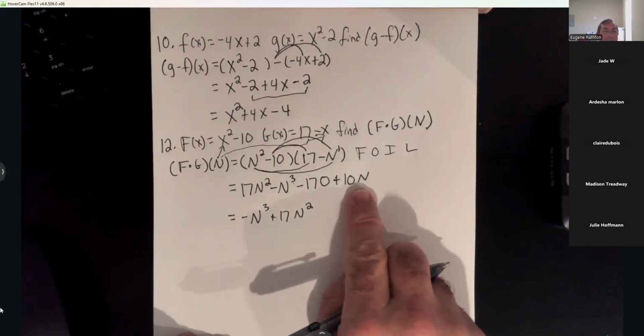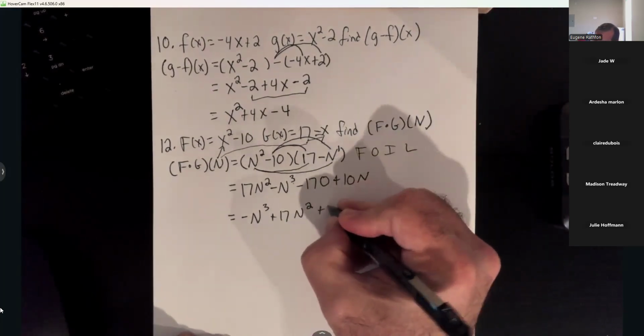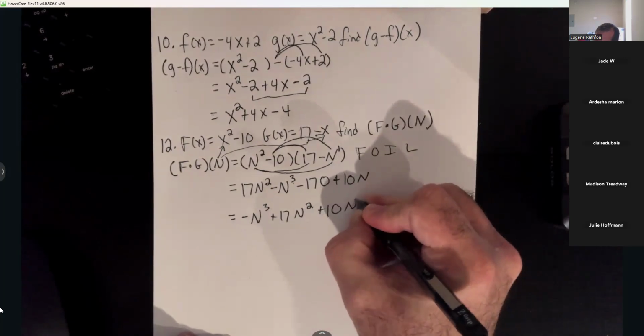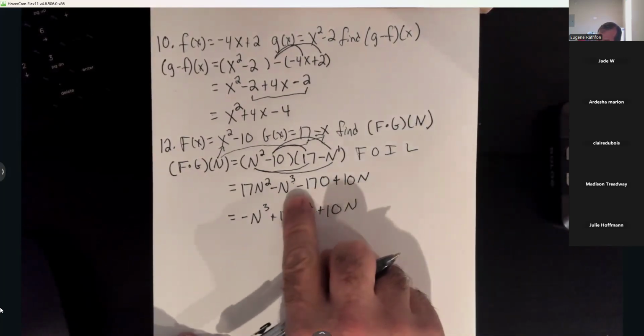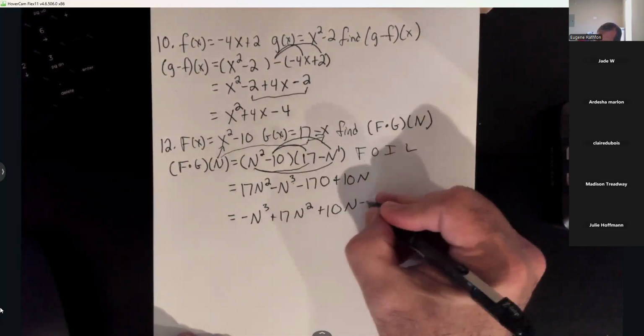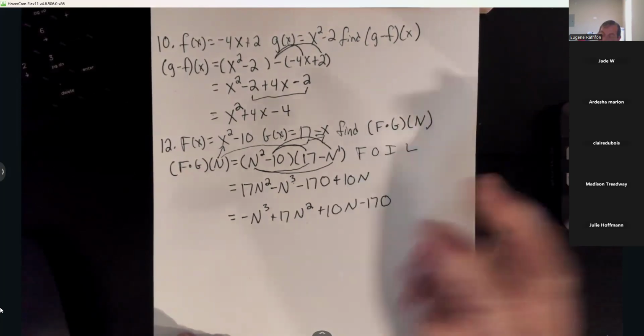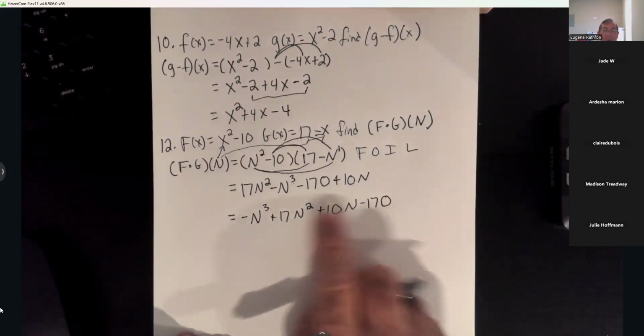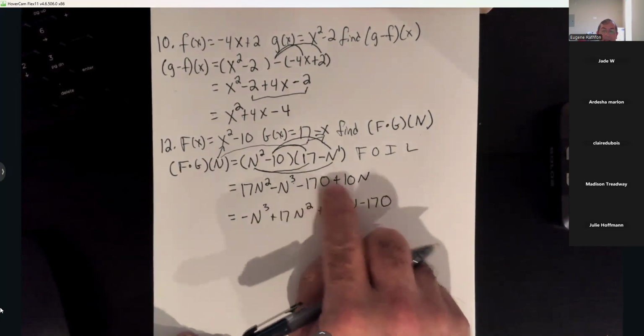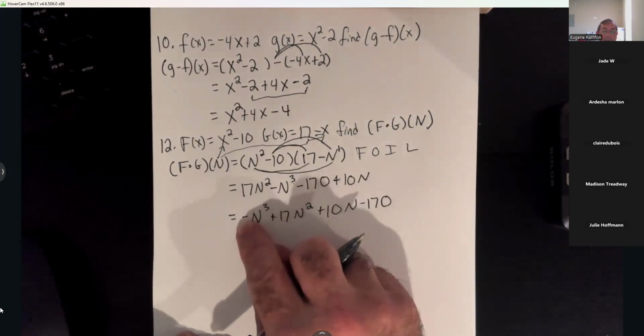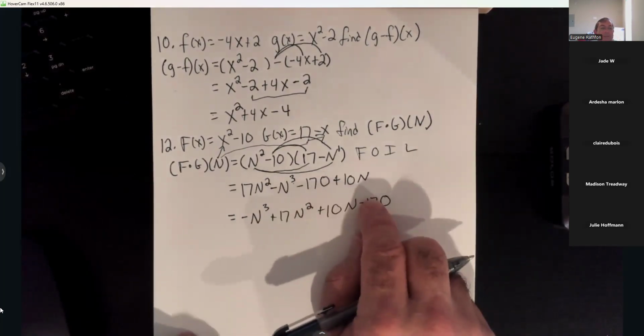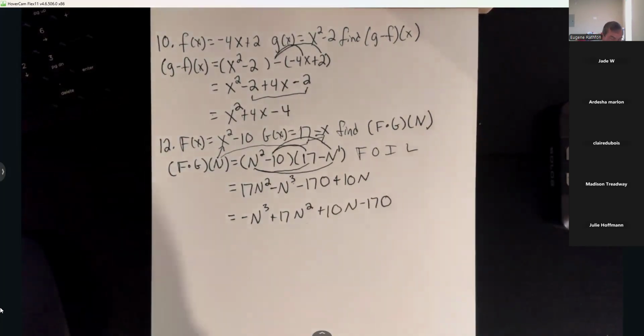Then I would have my positive 10n. And then at the end is my number, negative 170. So remember, when you put them in descending order, they've got to have the same signs there, okay? So the n cubed had to stay negative, and the 170 had to stay negative on those, okay?